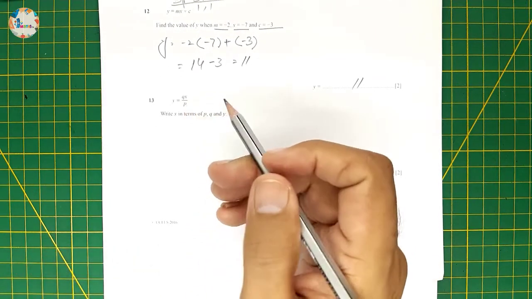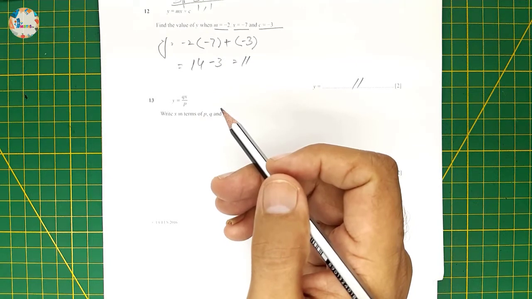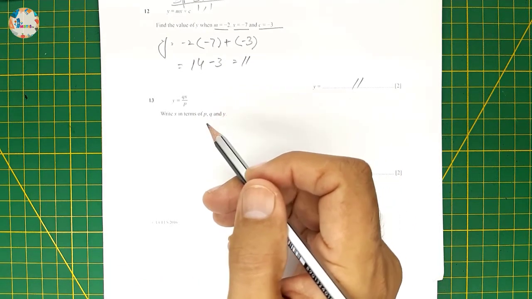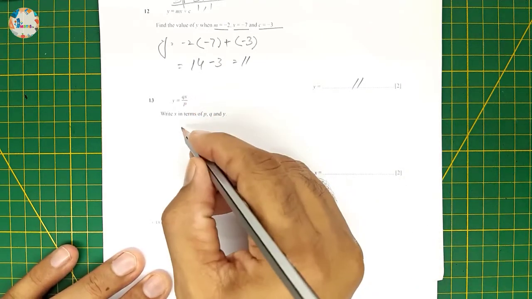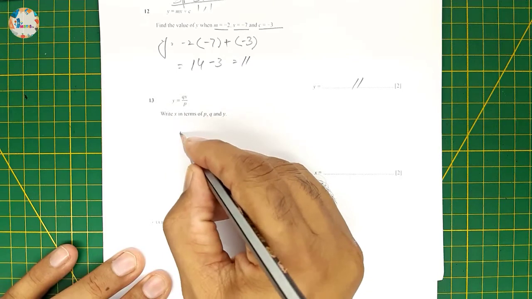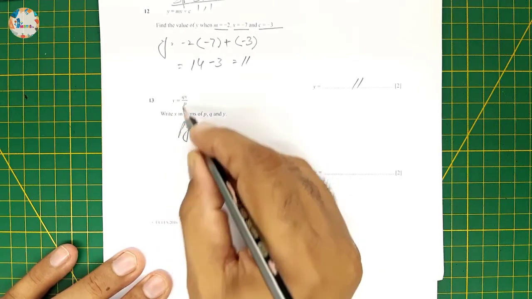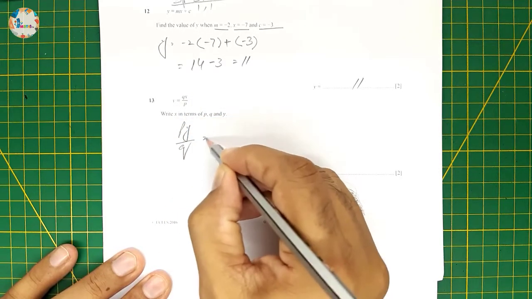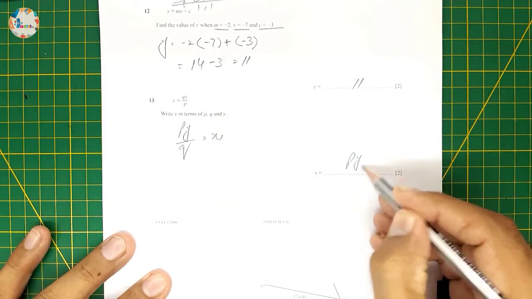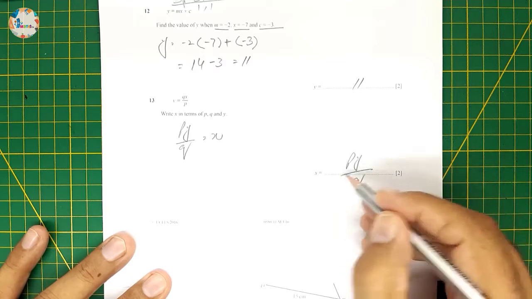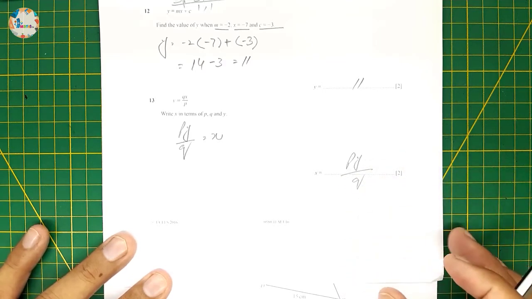Y is equal to qx over p. Write x in terms of y, basically x we have to make subject, so we can shift this p to the other side, so it will be py over q is equal to x. This will be our answer for this one.